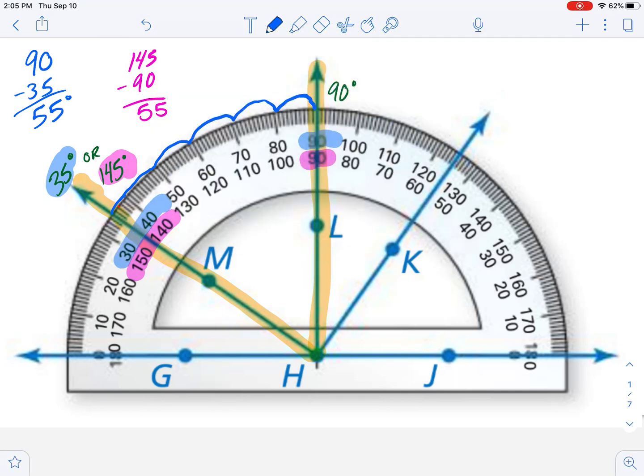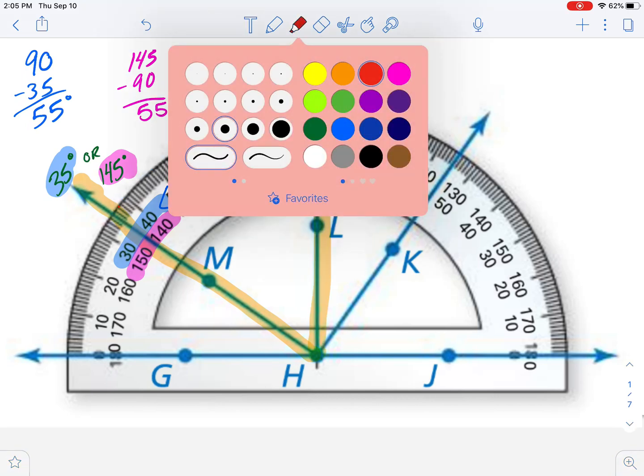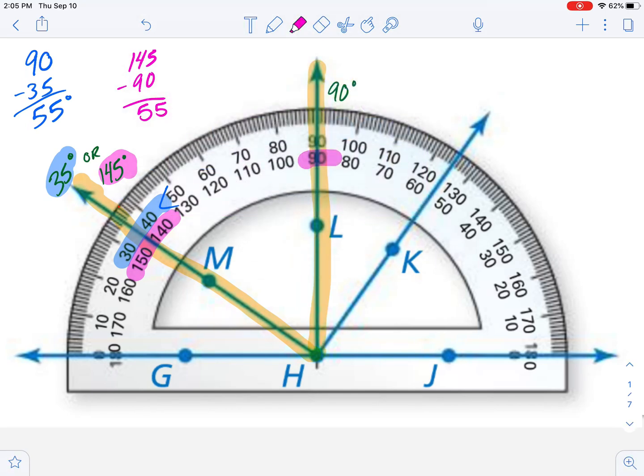If I started with the top row, I subtracted the top row over here. Or if I started with the bottom row, that pink highlighted set of numbers, then I subtracted it from the bottom row over there.